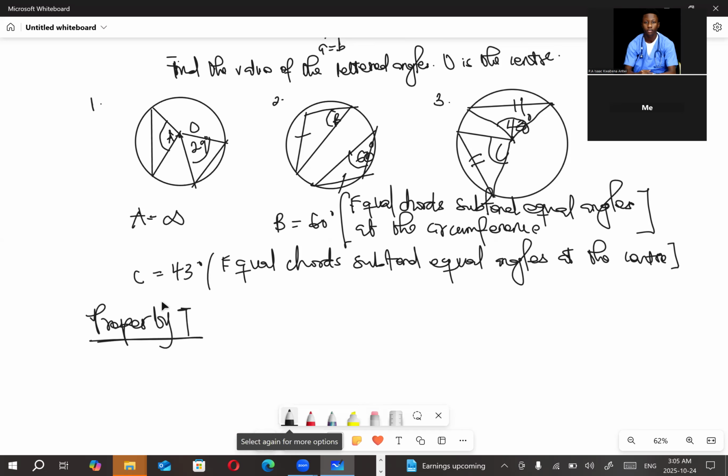This property, if you get questions in circle theorems, it's interesting. It comes every time.